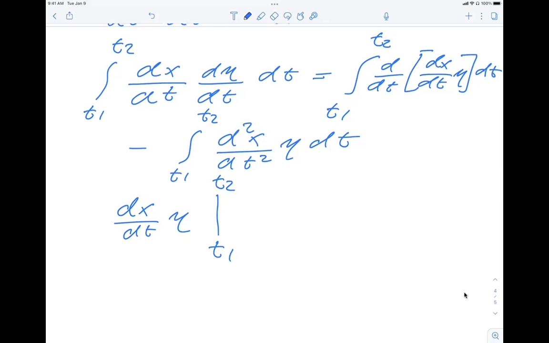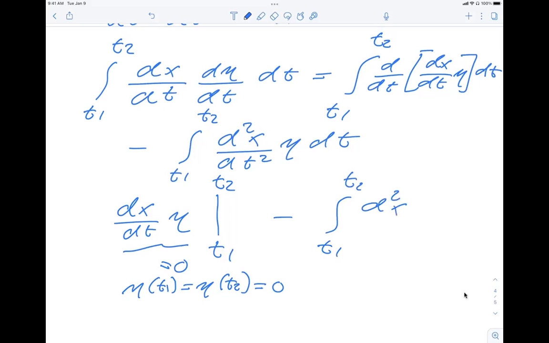This means that the first term just vanishes. So we can put this one to 0, because η of t1 is equal to η of t2. We have no variation at the two endpoints. We know the values of the endpoints, but else we don't know the value of x. And then we have minus the integral from t1 to t2 of the second derivative of x with respect to time, times η dt.